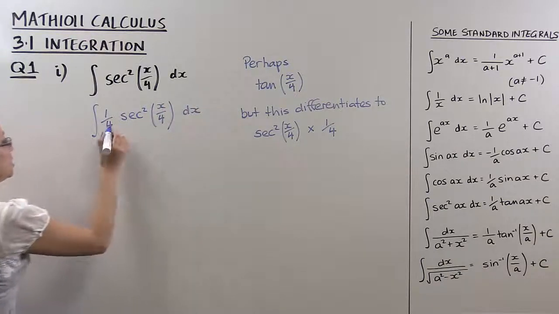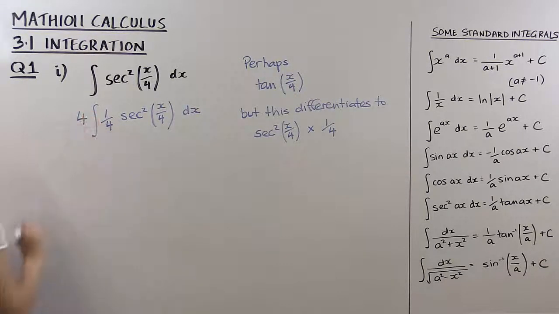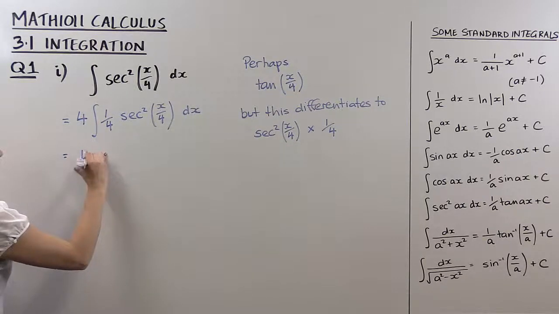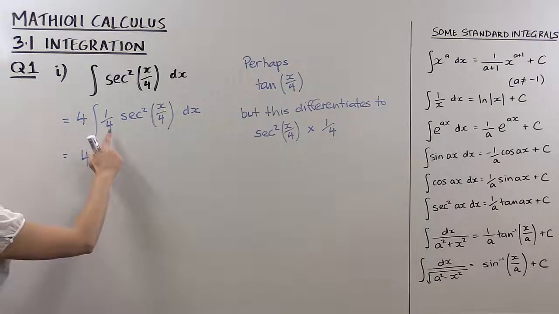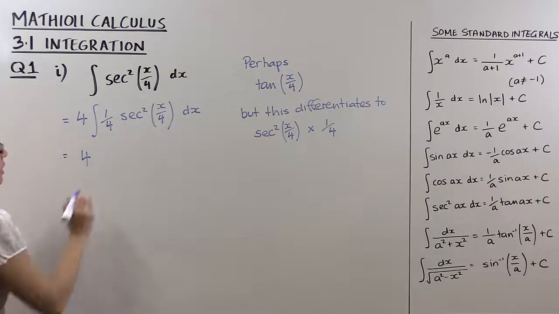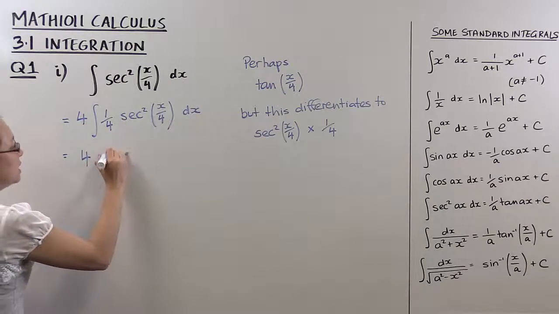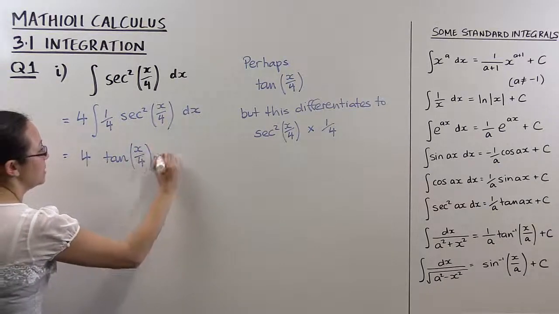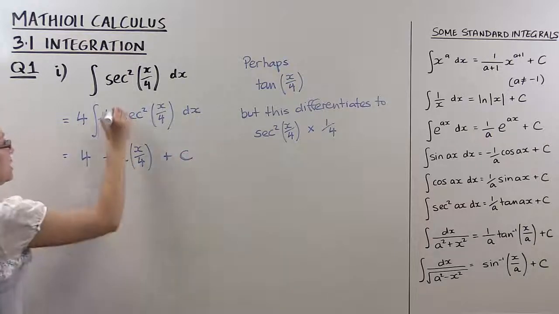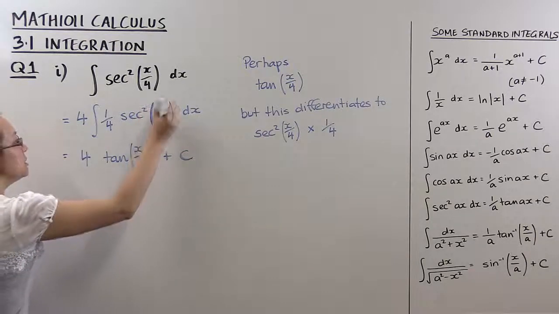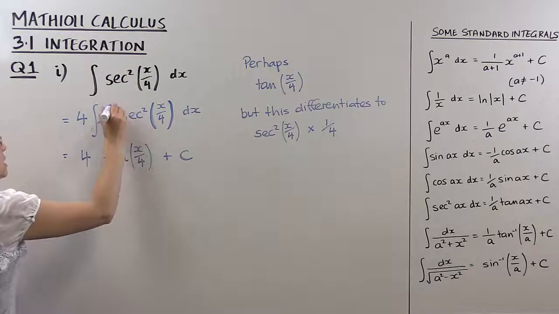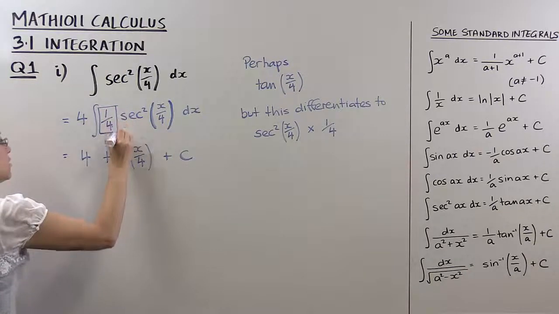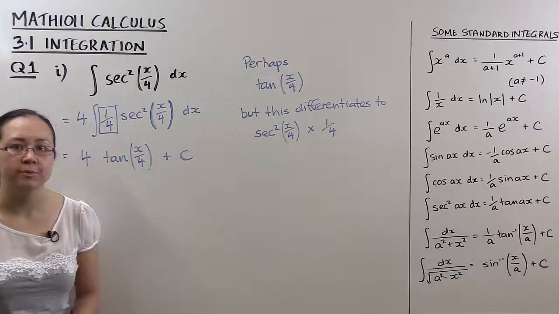But I can't change the question, so if I multiply by a quarter, I have to multiply by 4 there. So the 4 is going to stay around at the front here, and I know a quarter sec squared of x on 4 anti-differentiates to tan of x on 4 there, plus c. The key being that the derivative of this inside function is sitting here so that I can reverse that chain rule.